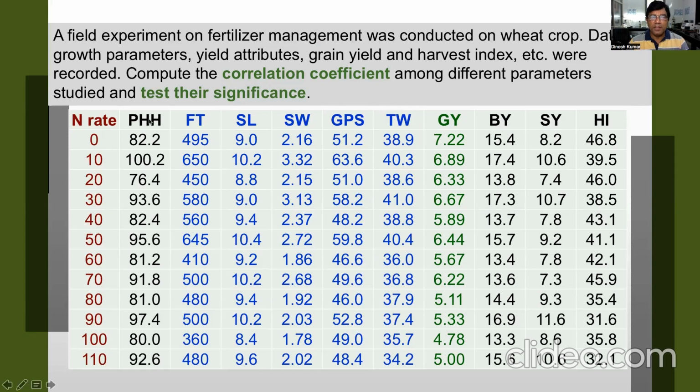It does not matter whether they are dependent or independent. Any of these you can consider dependent or independent. But you need to see the correlation coefficient or relationship between these variables. For this, in one go, in Excel, you can calculate the correlation coefficient.